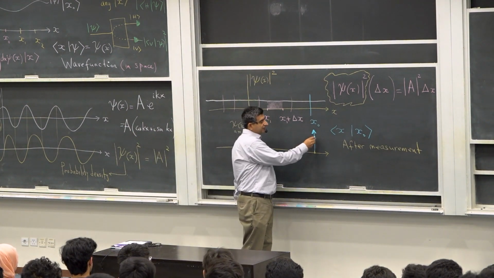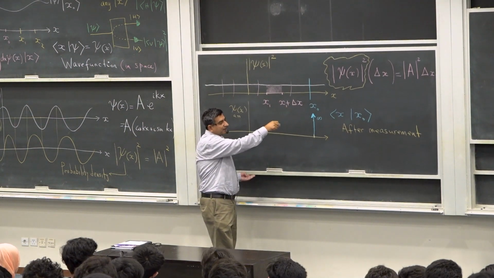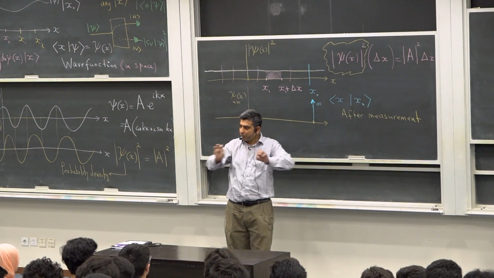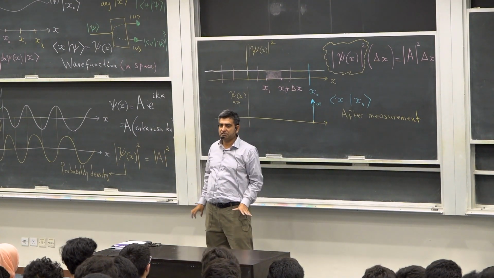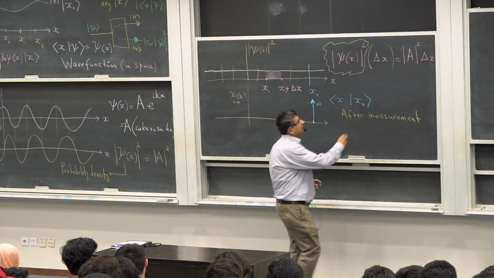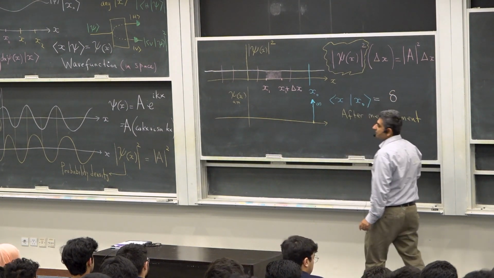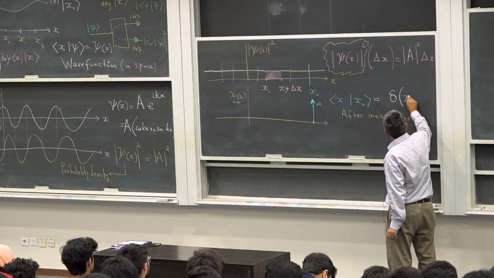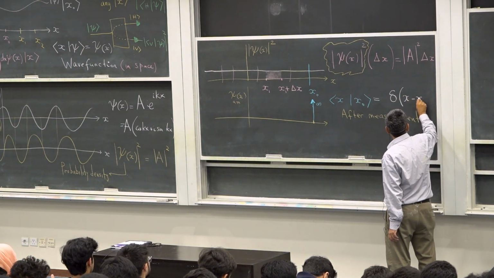It's a non-analytic function. This spike goes to infinity. So mathematically, this kind of function, which is 0 everywhere and only exists at a point, is called a Dirac delta function, and it's represented with this delta sign. It's a function of x minus x naught.